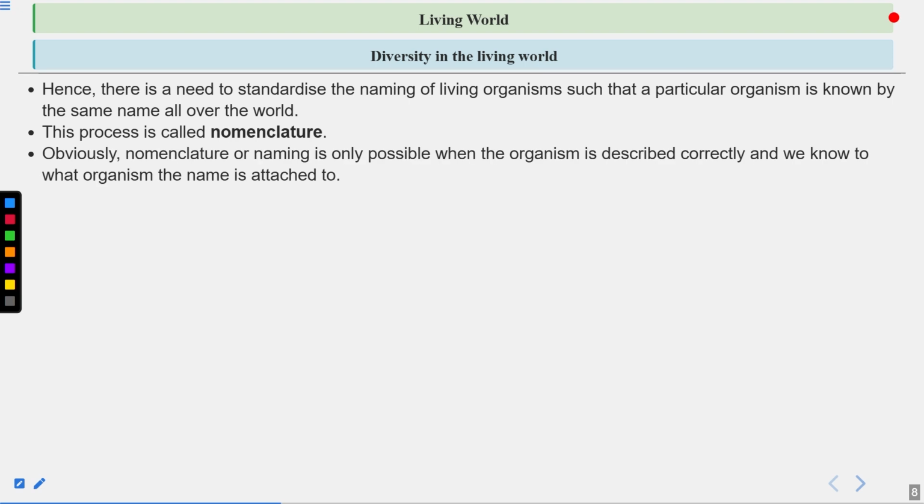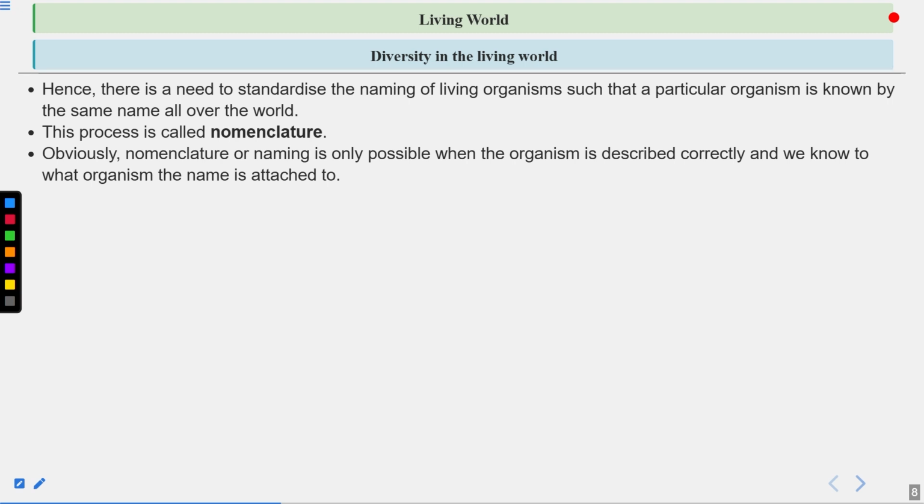Obviously, nomenclature or naming is only possible when the organism is described correctly and we know what organism the name is attached to. So before nomenclature, before naming, the description of the organism should be done.